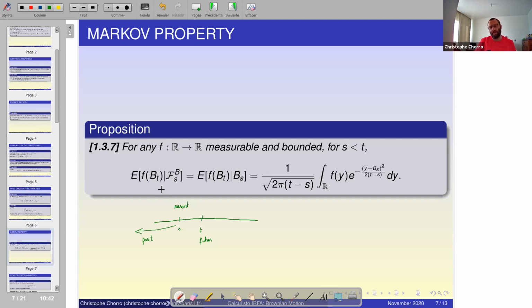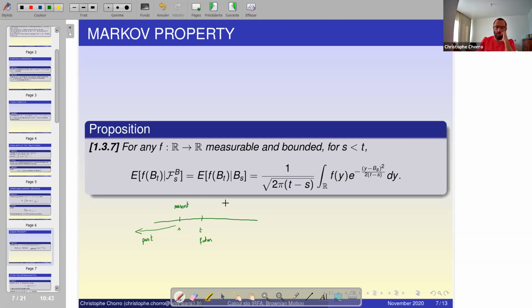If you want to find the conditional expectation of f of B_t, at a time in the future, given F_s, that is what happened before s, it is sufficient to compute the conditional expectation at the time s. It's not necessary to account for all the times before s, but only to focus on s. If I want to express this property with words, I can say that the future depends on the past only through the present date.